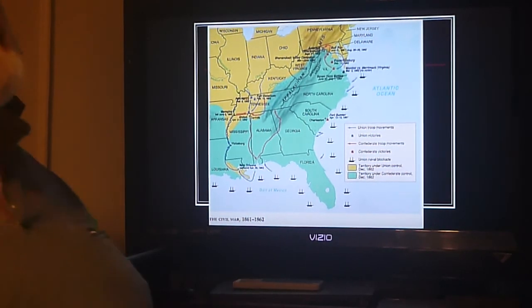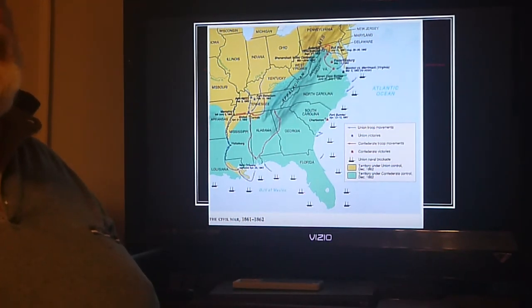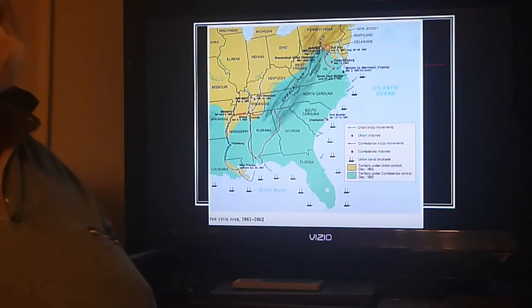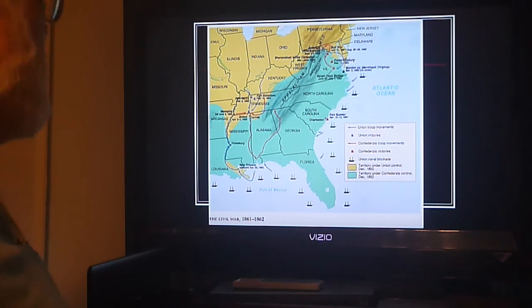This is a big deal, considering that what the South wants the British to do is give them 10,000 troops plus half of their navy. And if the British will agree to do that, then the South believes it can maintain its identity as an independent country, independent of the United States.